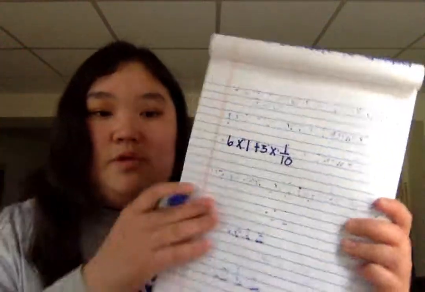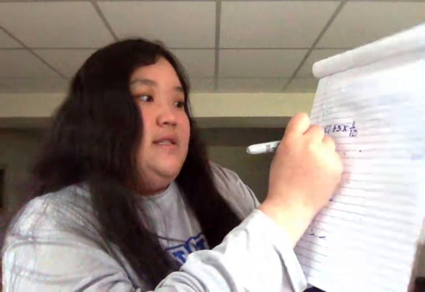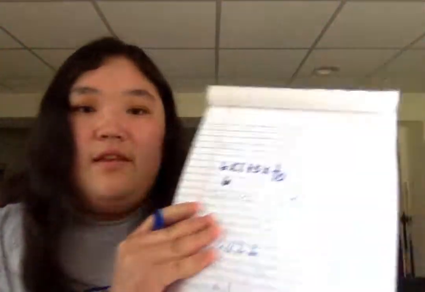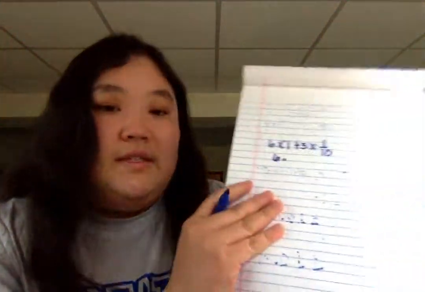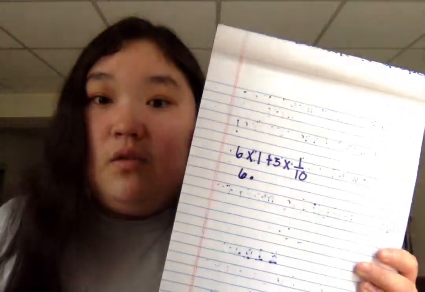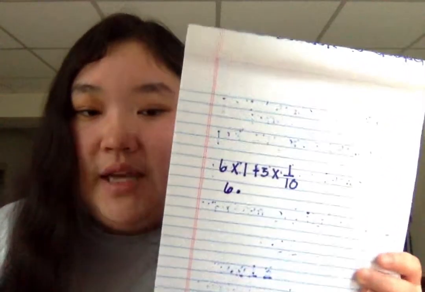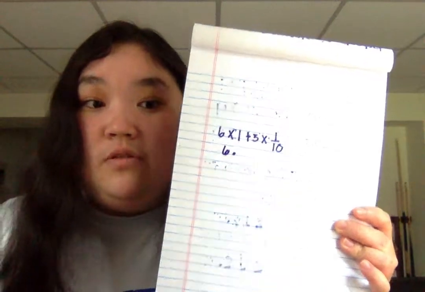So all you have to do is this, ready? 6 times 1, which gives us 6, right? And then, oh, but there's a plus sign. Well, that plus sign is going to represent our decimal, and it says plus 5 times 1/10. 1/10, or the tenths place, you notice how it says 5 times 1/10?